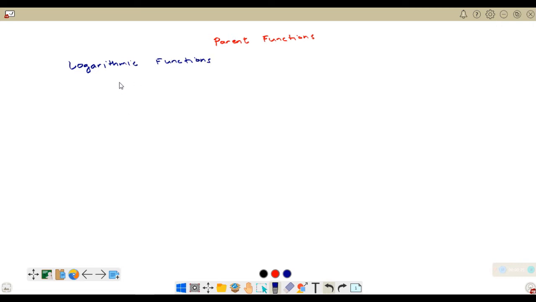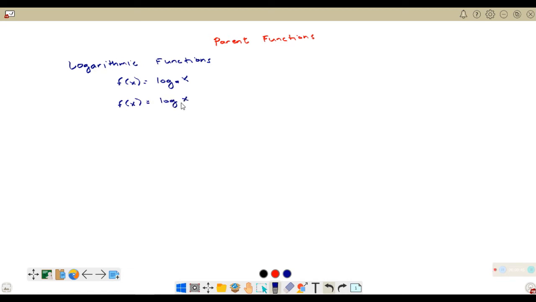Okay, so the parent function of a logarithmic function is given by this equation. Logarithm of x with base a. And of course, if we have a base that is equal to 10, the parent function will simply be the logarithm of x.